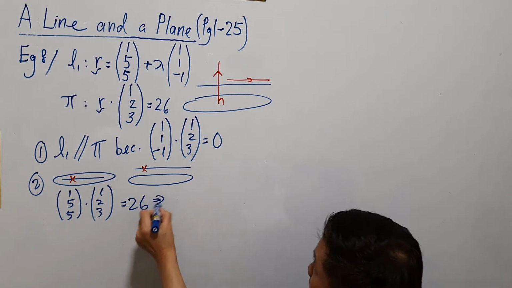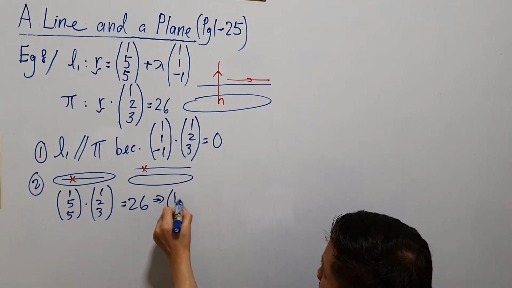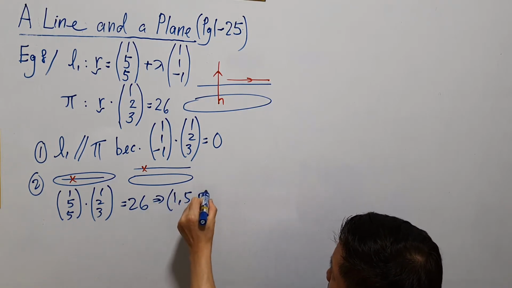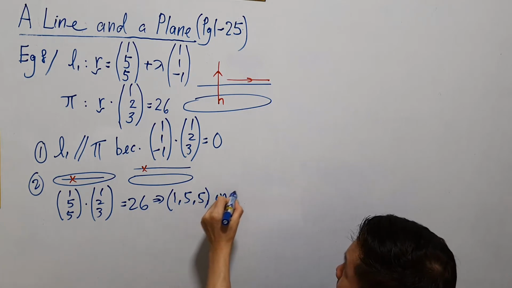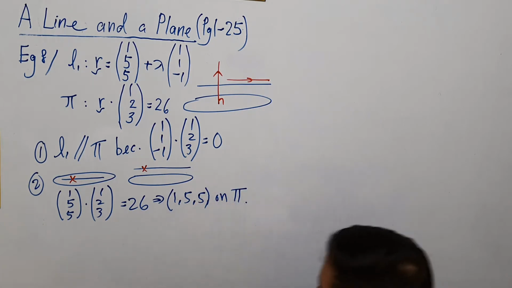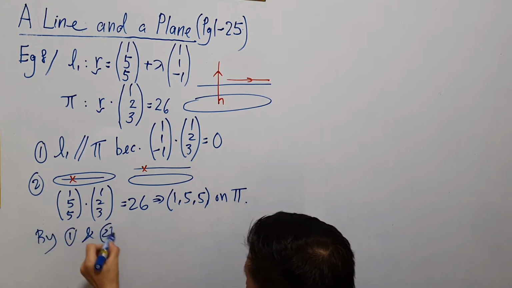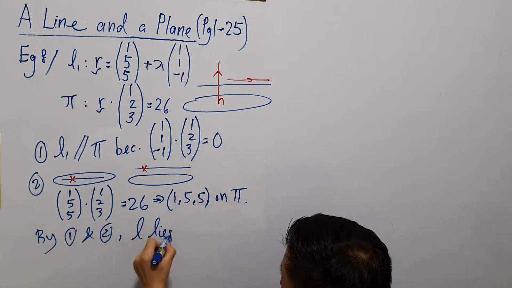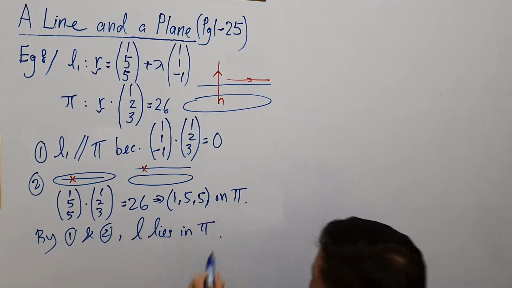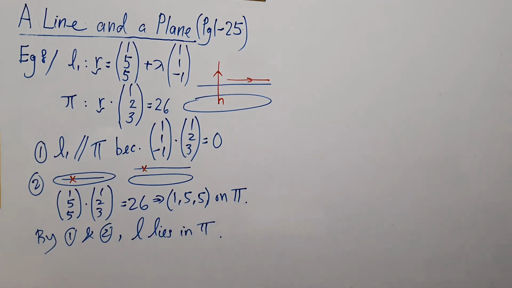So this point at (1, 5, 5) is on pi, on the plane pi. So by 1 and 2, L lies in pi, the plane pi. Okay, this is how you can actually check.